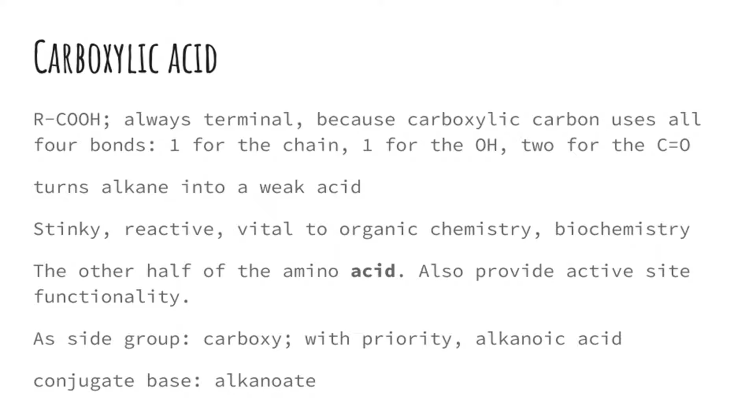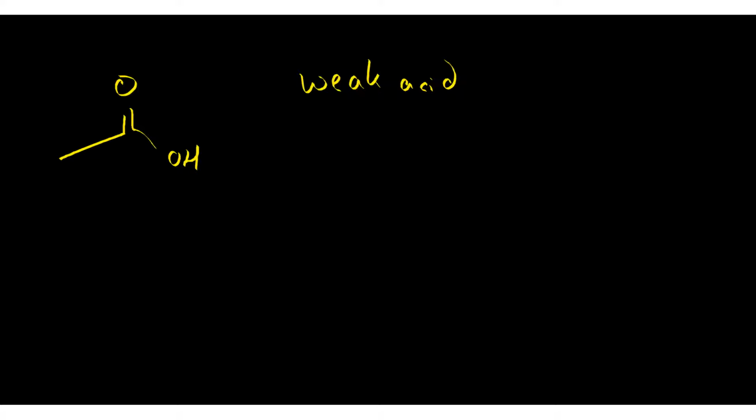Anywho, let's talk about some of the properties of our carboxylic acids. First off, they turn your organic compounds into weak acids, just like the amino functional group turns them into weak bases. So it's sort of the opposite of that.